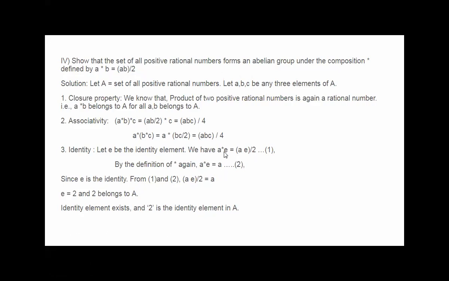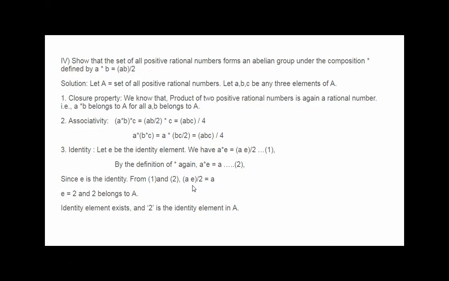Here we have written a star e is equal to ae by 2, and a star e is equal to a. Taking these two, ae by 2 is equal to a.